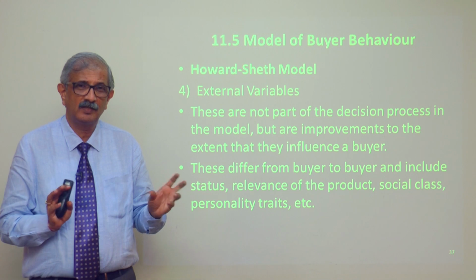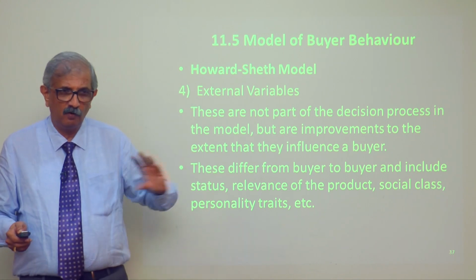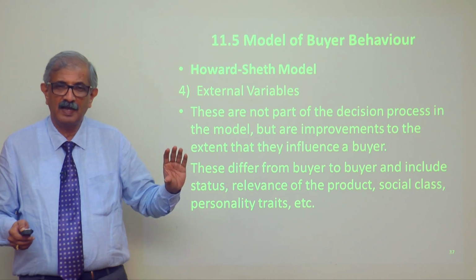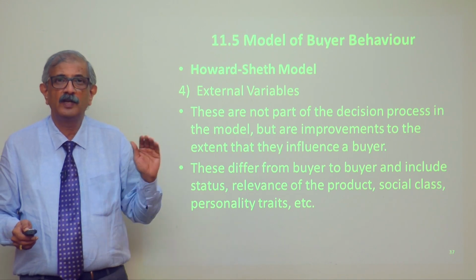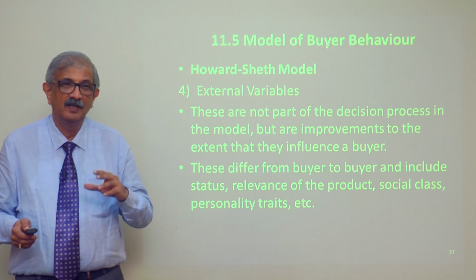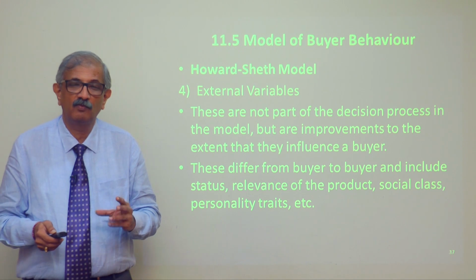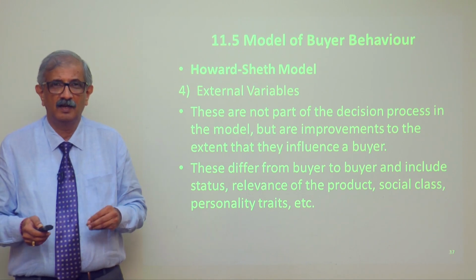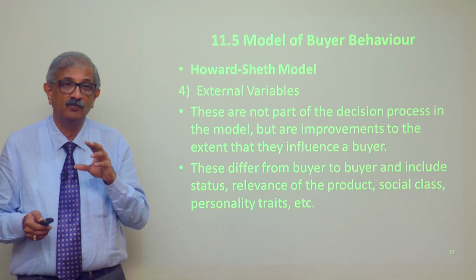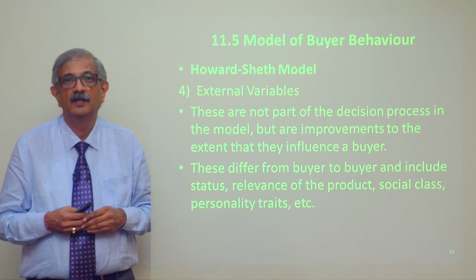They do not form a major part of either his buying process or his decision making as such, but they do at times support or obstruct his decision making. Therefore, one needs to know such aspects, if any, that are worthwhile attending to. So that's the Howard-Sheth model.